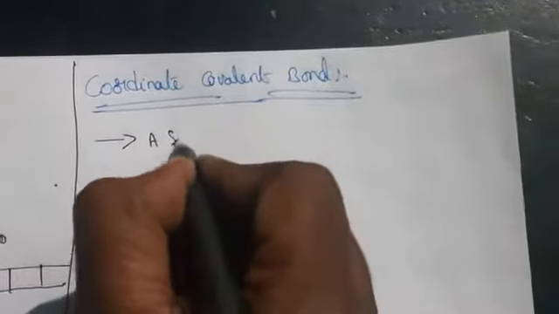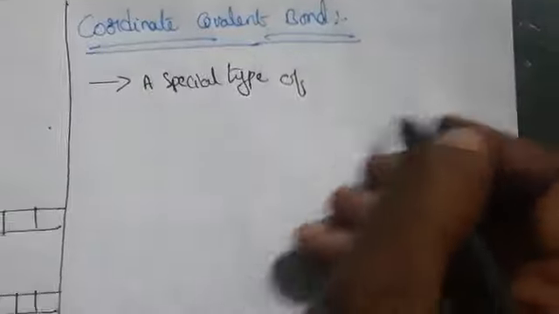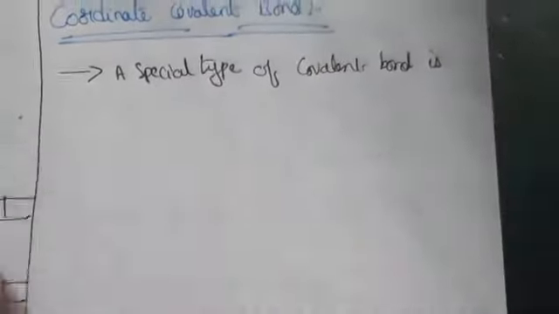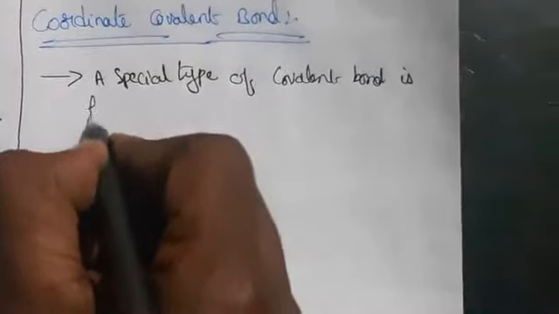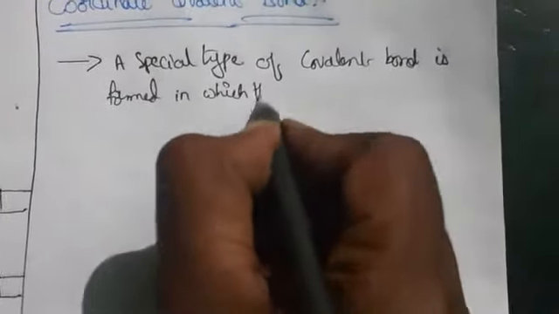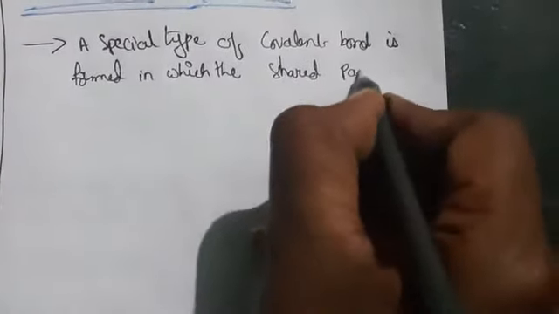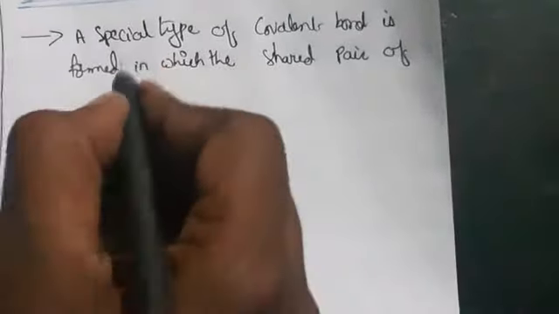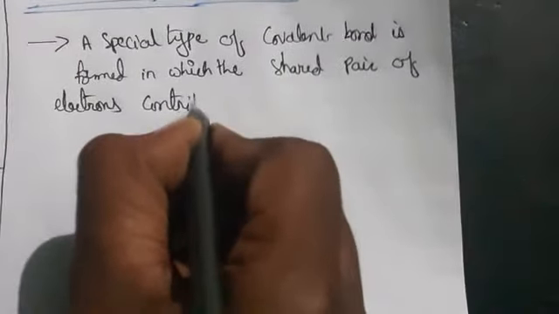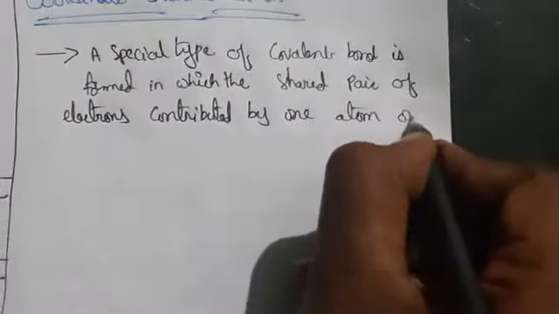So, a coordinate covalent bond is a special type of covalent bond formed in which the shared pair of electrons is contributed by one atom only.